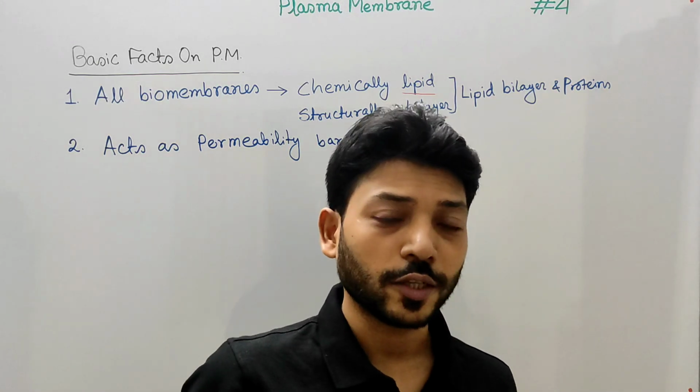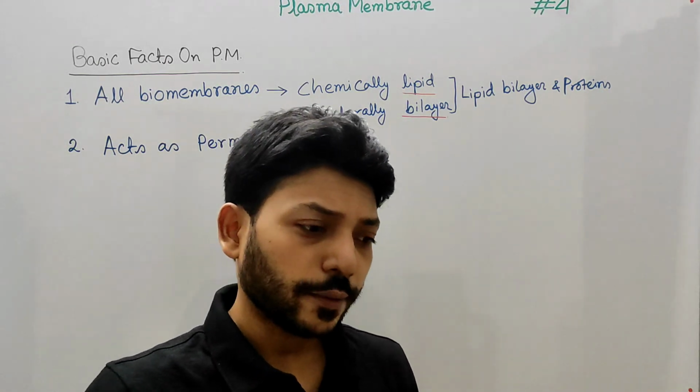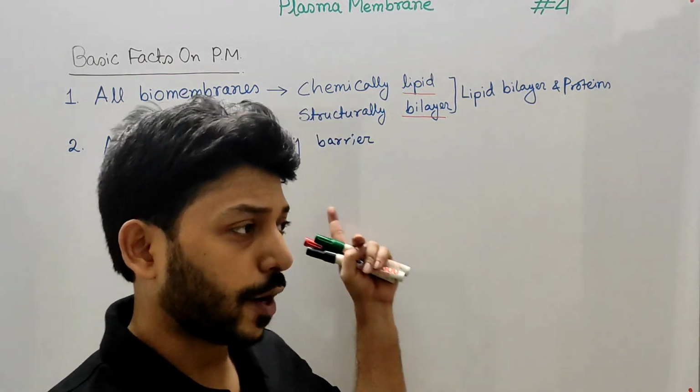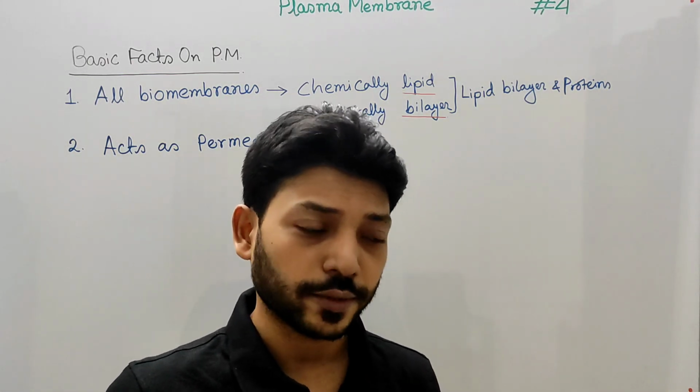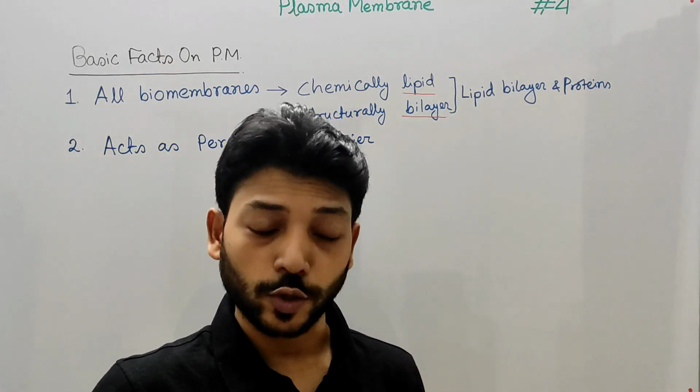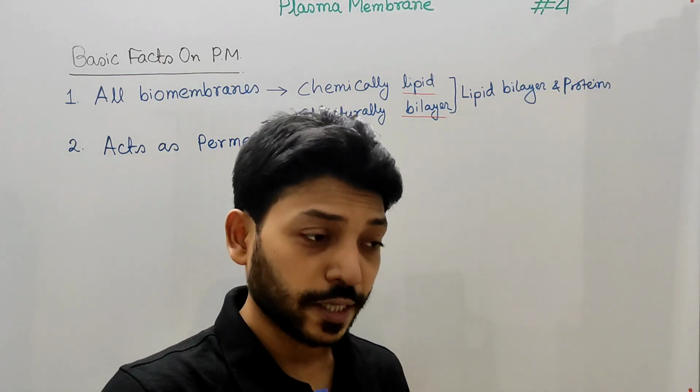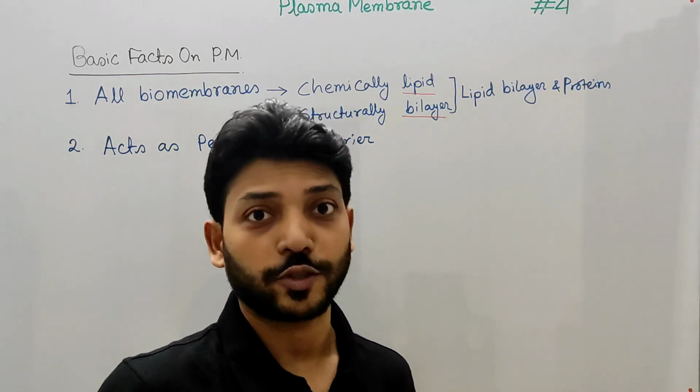What is the function of this permeability barrier? As the membrane acts as a permeability barrier, it maintains characteristic biochemical difference between inside and outside of the cell. Not only that, it also maintains the difference between the organelles and the cytoplasm.